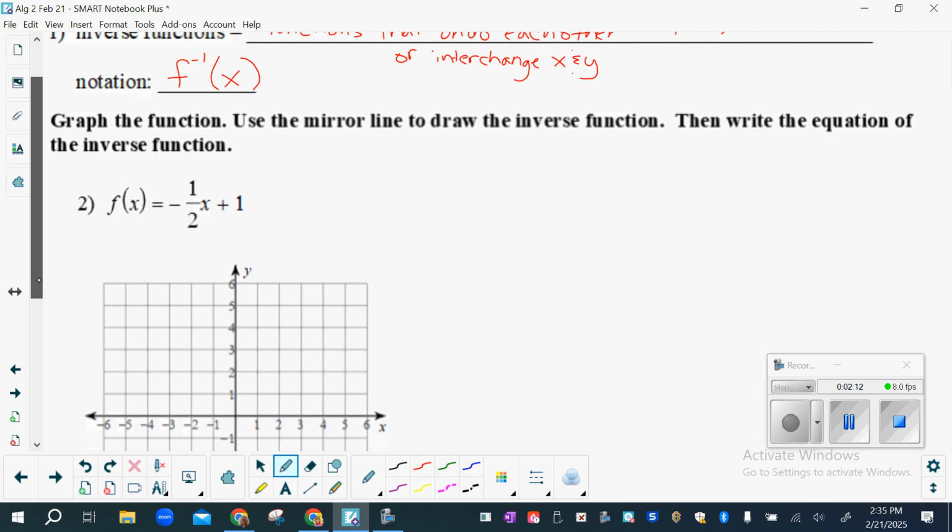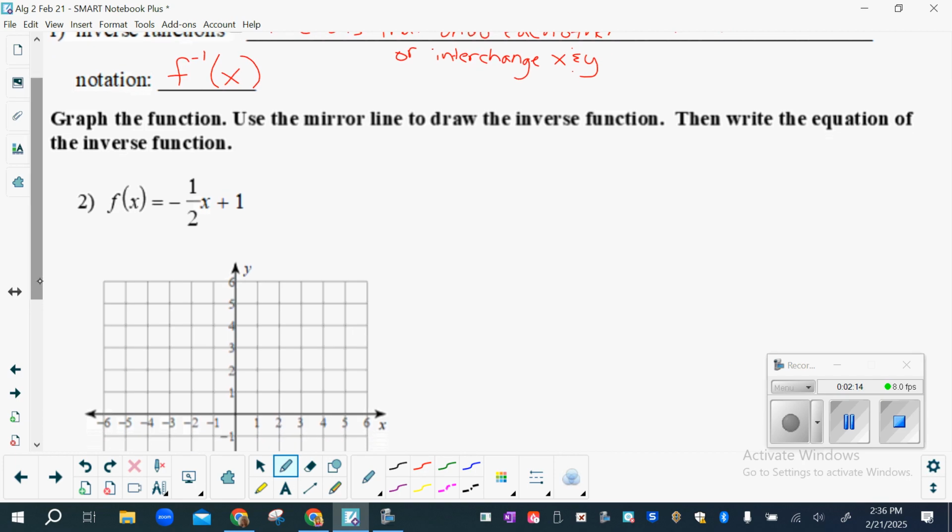What kind of a shape will this function be? A line. I've heard several people say a line. How do we know that it's a line? It's in slope-intercept form. Is there an x squared here?